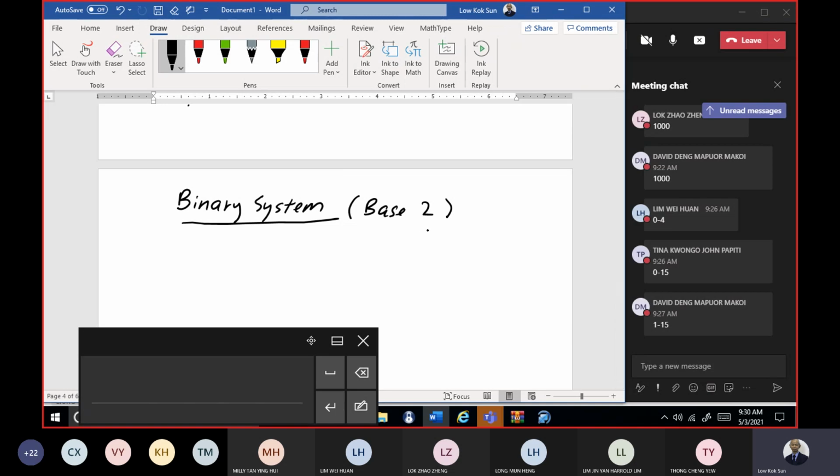And there's no 2 there. Just like in decimal system, the possible numbers are 0, 1, 2, 3 until 9. Here base 2 has 2 numbers. What are they? 0 and 1. There's no 2 there. So you play with 0 and 1 and you can show a very big number.